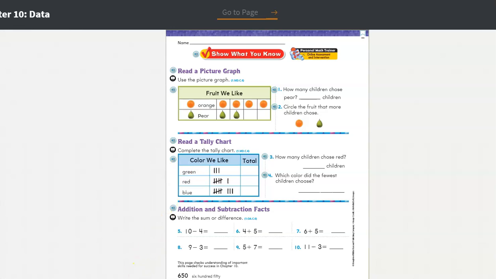Or you can open up your math workbook to page 650 and complete it with your paper and pencil. Make sure you put name, date, personal number. If you're working in your book, I need name, date, personal number. If you're in Google Classroom, I do not, because it automatically does it for you. If you're working in your book, I need you to complete this. This activity should not take you more than 15 minutes. What did Miss GW just say?